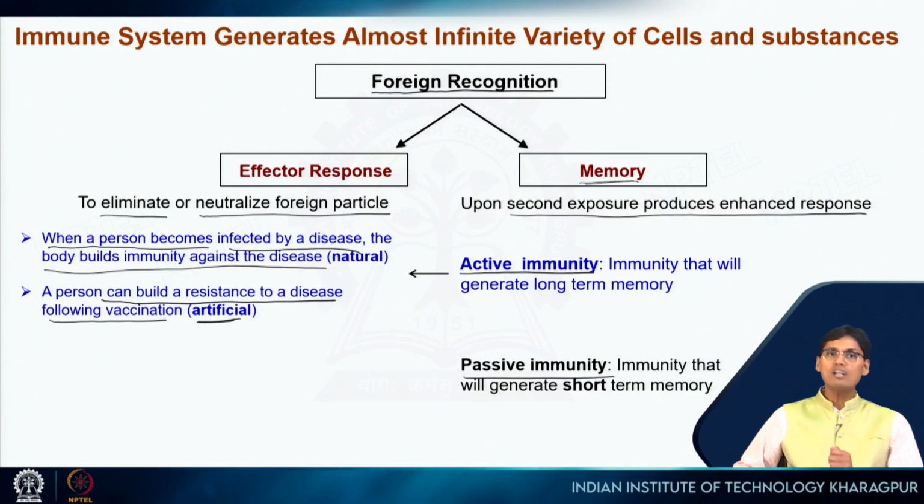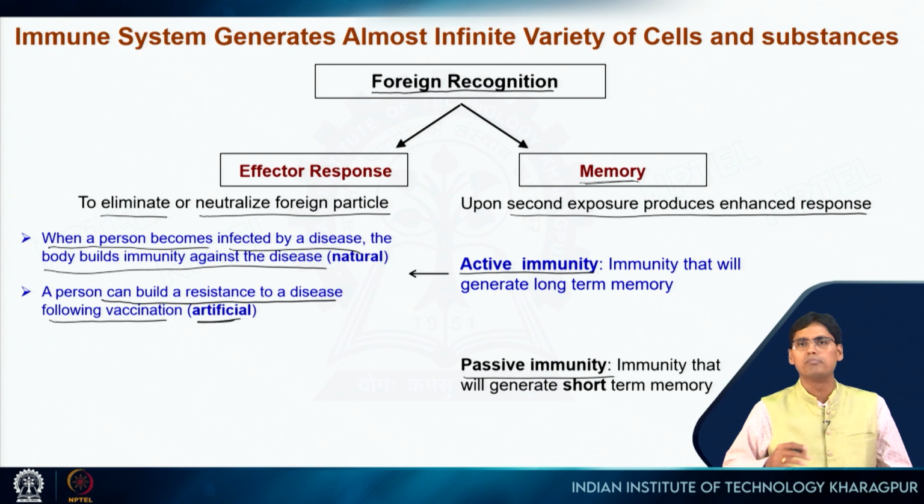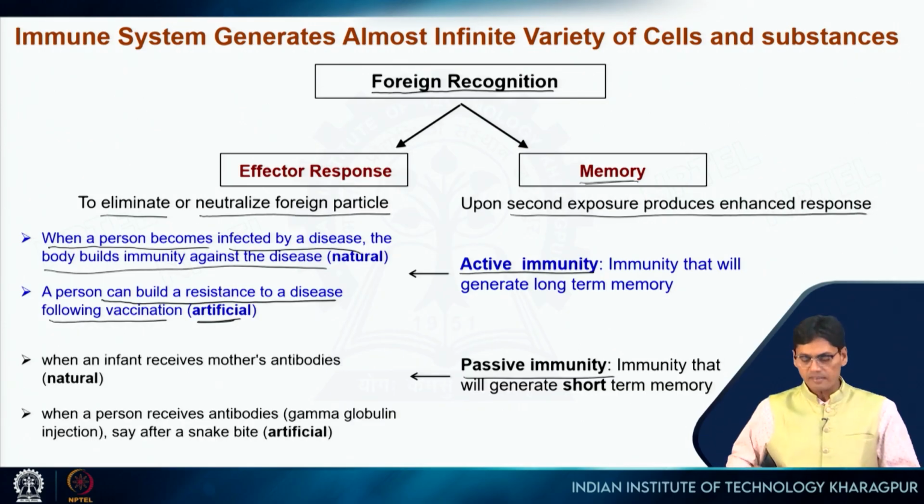This is called artificial active immunity. The memory is formed because of vaccination. Now there are many vaccines available, mandatory in different countries. In India also, for kids there are different types of vaccines available.